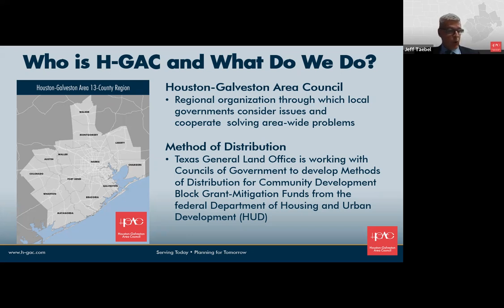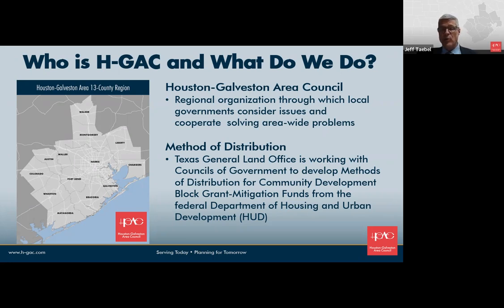We are governed by a board of directors that is entirely comprised of local elected officials from the 13 counties. We also have representatives from all the cities in the region that are over 25,000 in population, as well as representatives from smaller home rule and general law cities, as well as independent school districts.